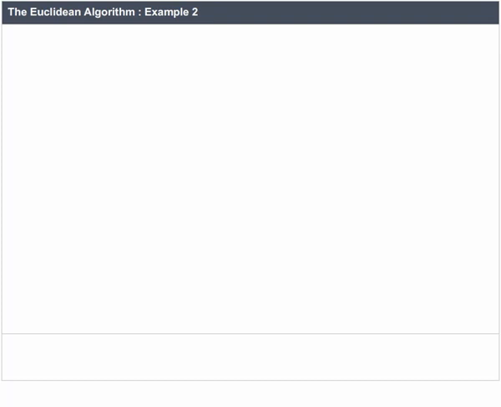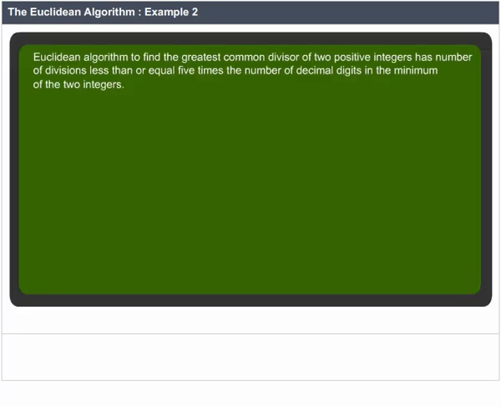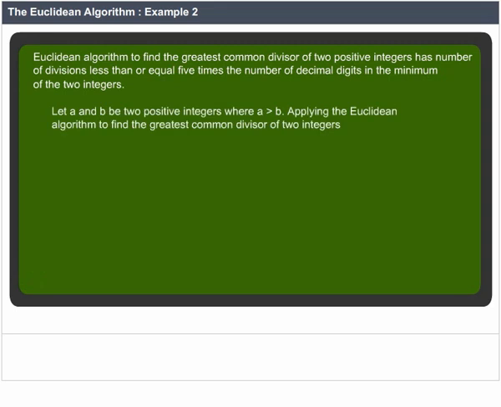The Euclidean algorithm. Example 2. The Euclidean algorithm to find the greatest common divisor of two positive integers has number of divisions less than or equal to 5 times the number of decimal digits in the minimum of the two integers. Let a and b be two positive integers where a > b.